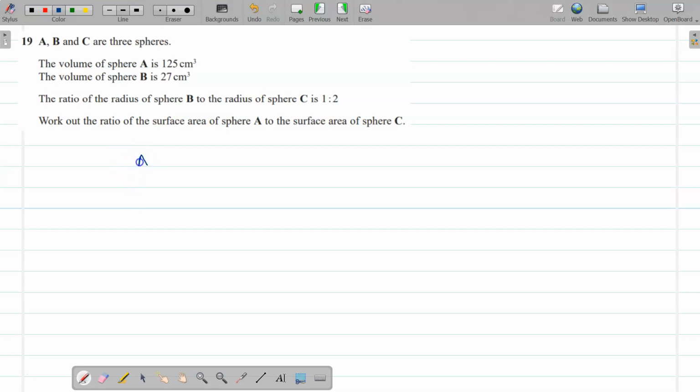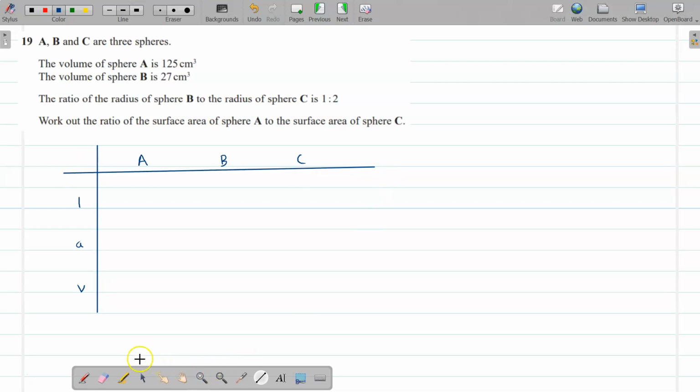So sphere A, B, and C. This is going to be the length, the area, and the volume. If I just put some lines down to make it clear, we have this table here like that.